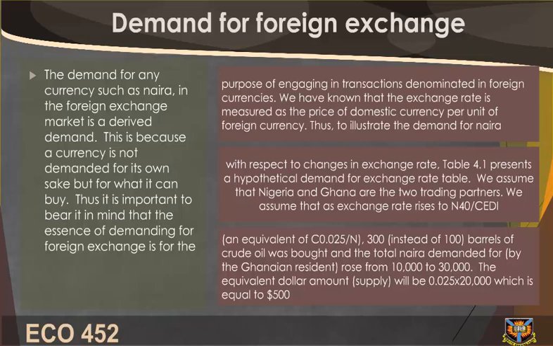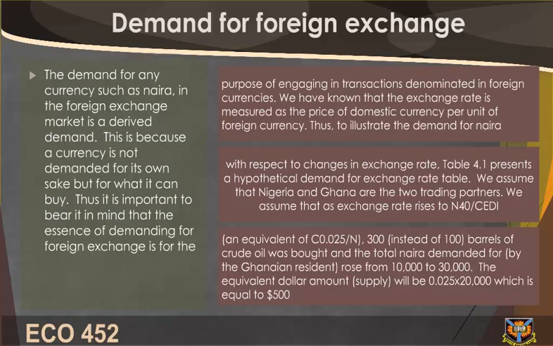We have known that the exchange rate is measured as the price of domestic currency per unit of foreign currency. Thus, to illustrate the demand for Naira with respect to changes in exchange rate, Table 4.1 presents a hypothetical demand for exchange rate table. We assume that Nigeria and Ghana are the two trading partners.